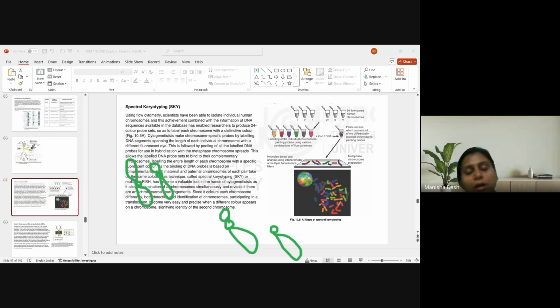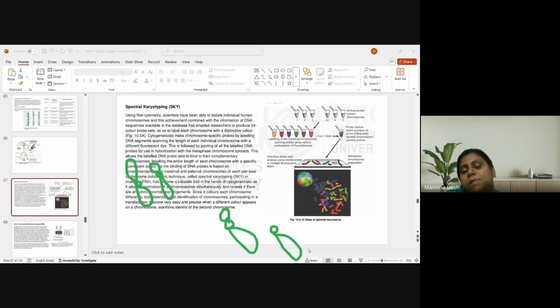Here, specifically labeled fluorescent probes, complementary sequences tagged with fluorescence colors, are released and allowed to hybridize with specific chromosomes to give each chromosome a specific color, so that it is easier to analyze any structural or numerical abnormality of the chromosome.